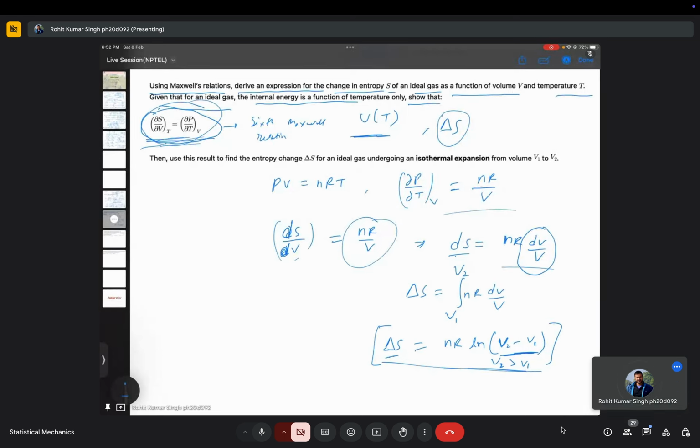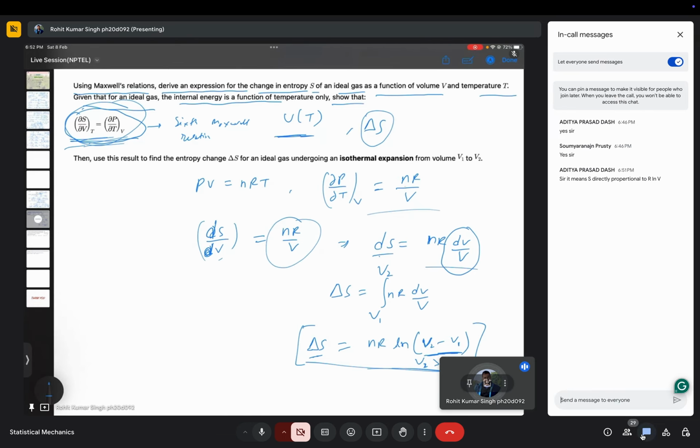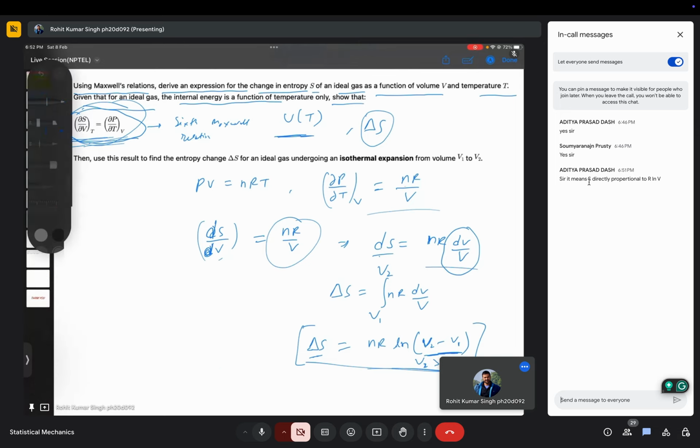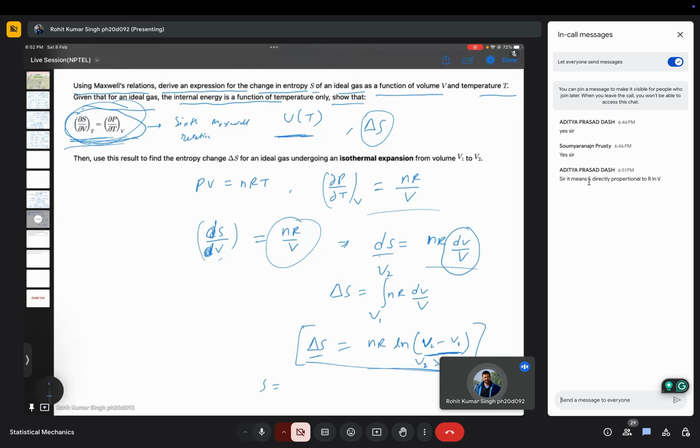Someone has written, sorry, what you want to ask? It means S is directly proportional to R, L and V. No, this is not true.